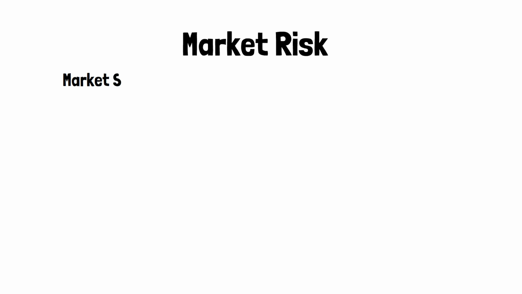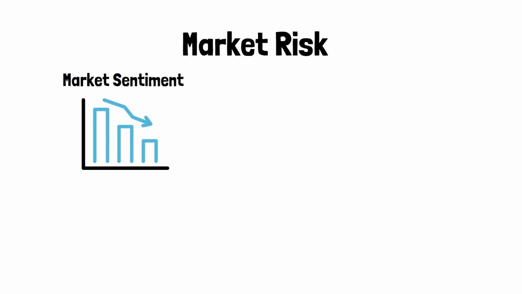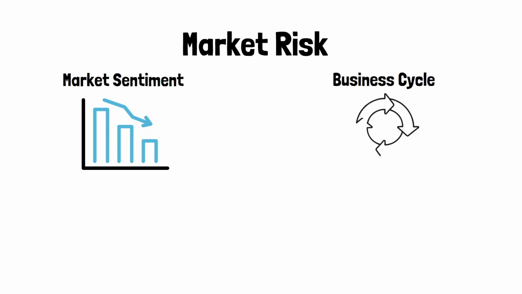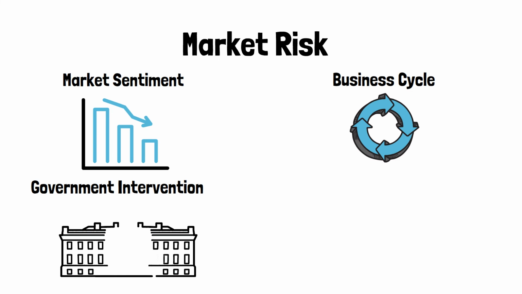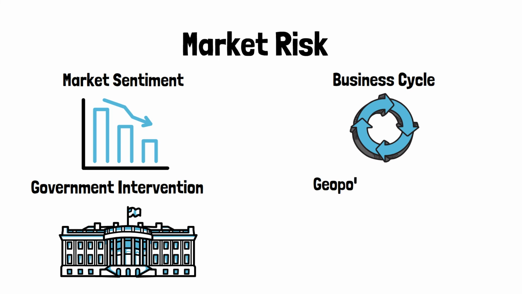The last risk factor we're going to touch on is market risk. Market risk is considering the impact of the economy, so changes in market sentiment, changes in the business cycle, government intervention, or geopolitical changes. Current examples would be how the Fed is likely to raise interest rates and reduce their balance sheet, and also an example of a geopolitical risk would be the tensions between Russia and Ukraine.